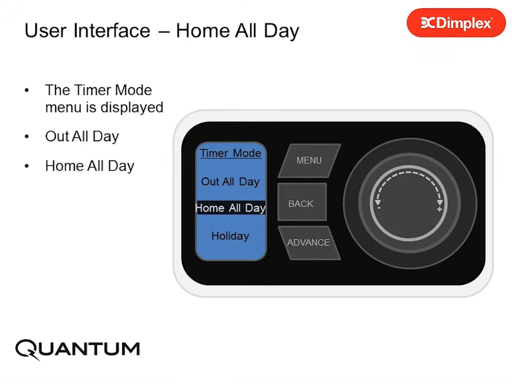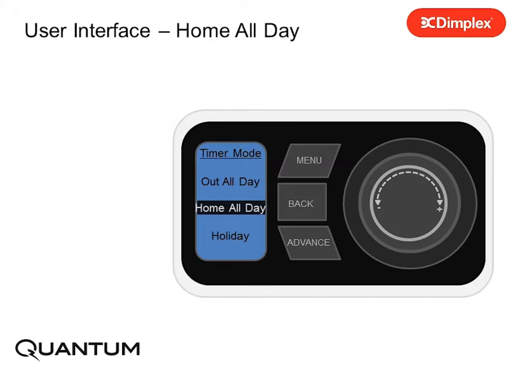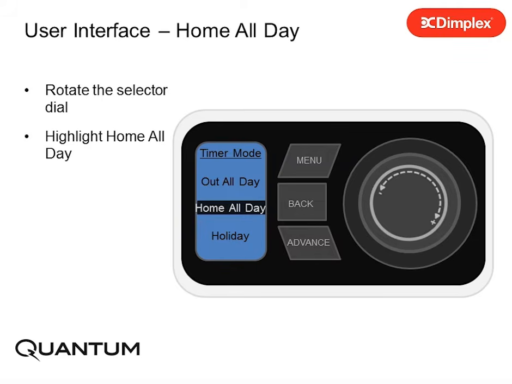Out all day, home all day, and holiday mode. The current selected timer mode will be highlighted by default. Rotate the selector dial and highlight home all day if not already highlighted, and press the selector dial.